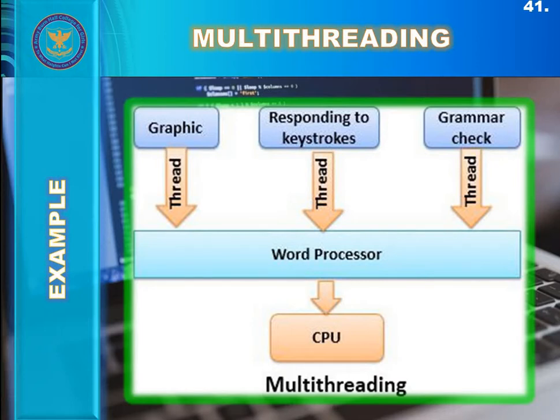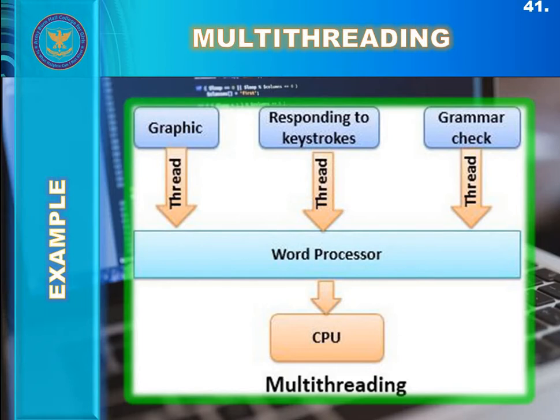So an invisible thread is continuously interpreting your keys data. Another invisible thread is continuously maintaining your white screen, the MS Word interface or MS Word window in front of you. So it does happen in a single MS Word software interface with the help of multiple threads.